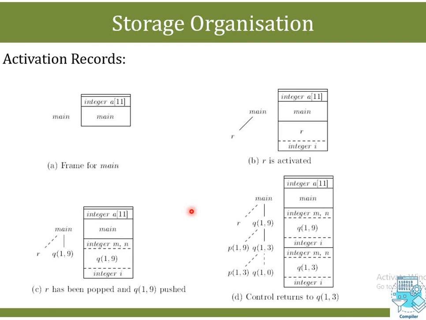Similarly, when we complete the processing of quick sort of 1 comma 3, the control structure will be like this. You'll be having the activation record for the main function, the activation record for quick sort of 1 comma 9, and the activation record for quick sort of 1 comma 3.